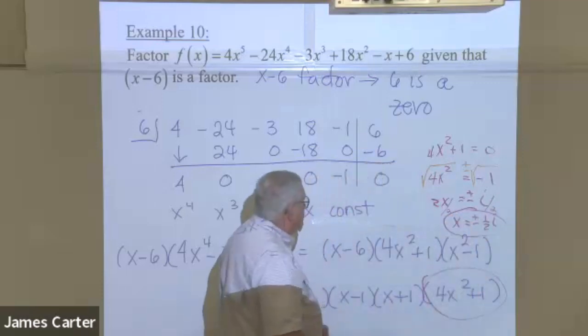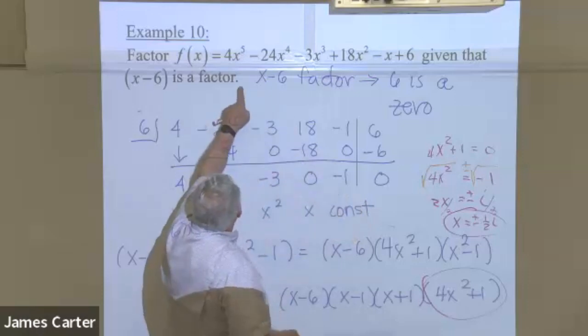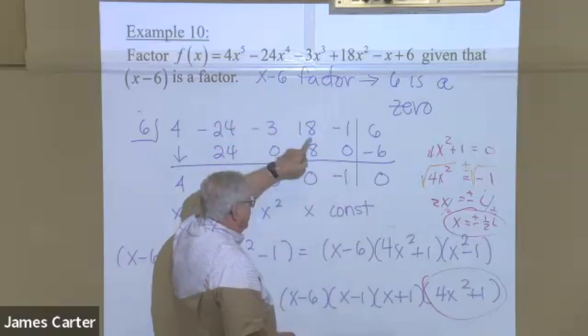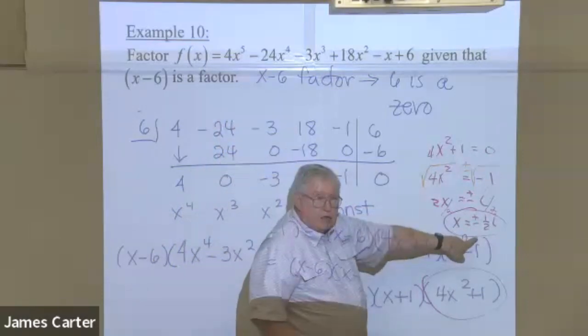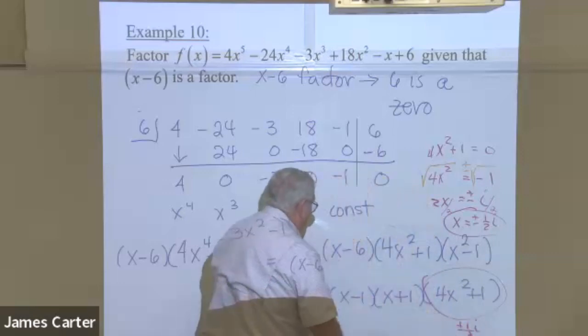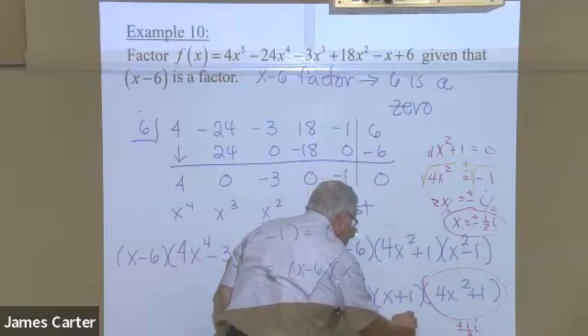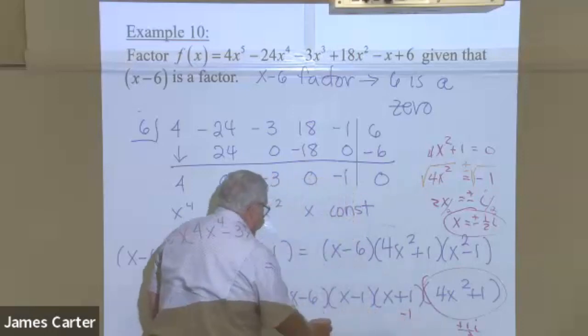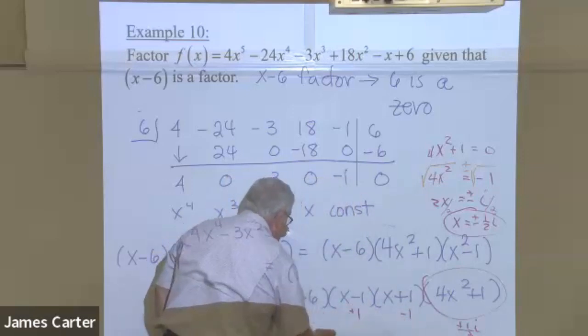So my 5 roots, I've got 2 right here. This one gives me a -1. This one gives me a +1.